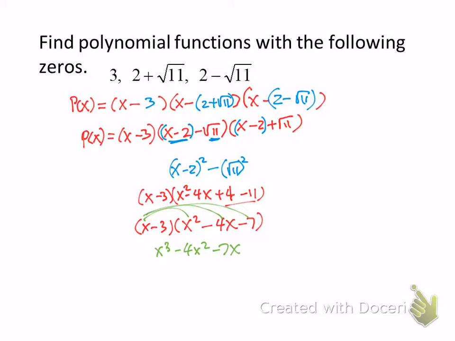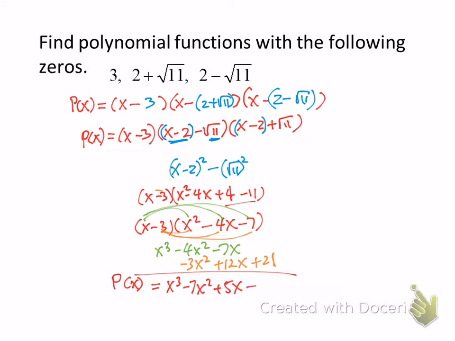And then distributing the negative 3, I get negative 3x squared plus 12x plus 21. So just adding my like terms, I get x cubed minus 7x squared plus 5x plus 21.